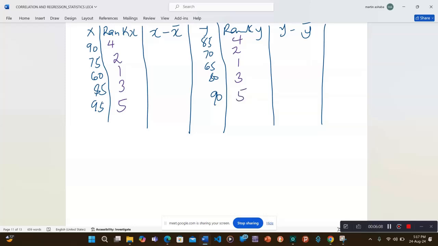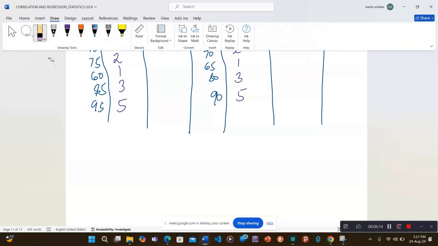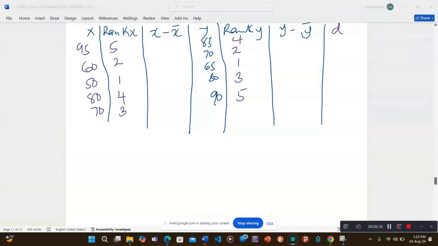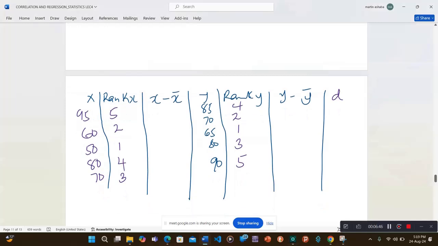This is going to be, I think I need to interchange somewhere. Let me make this change here, so that D is going to be, get D.